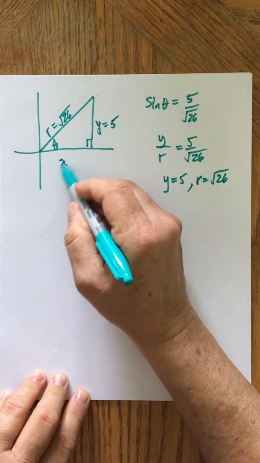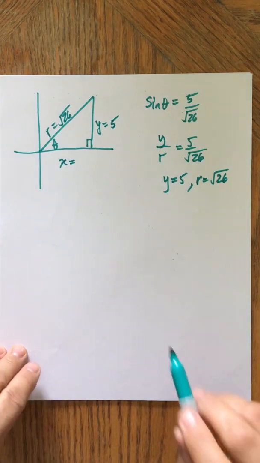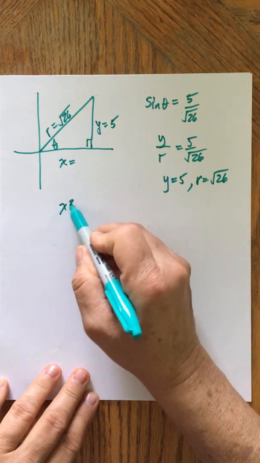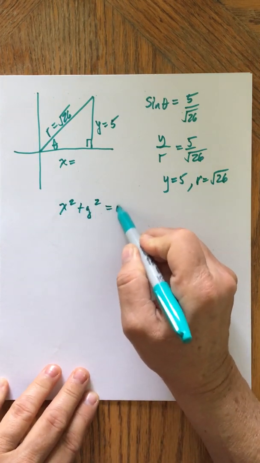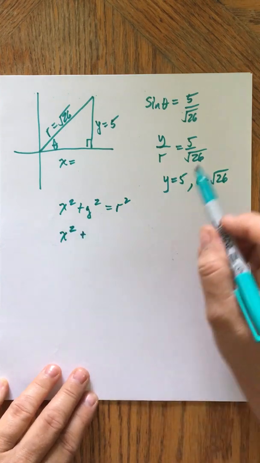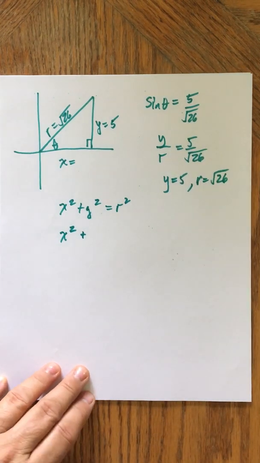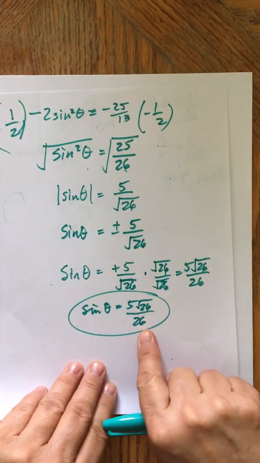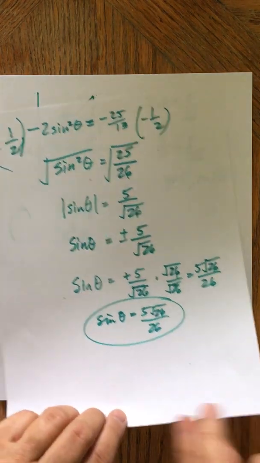So now I need to find x. I still don't know x, but I can use the Pythagorean Theorem, and I can say x squared plus y squared equals r squared, right? This is the reason I left the form as 5 over square root 26, as opposed to what the book wants, which is 5 square root 26 over 26, because I don't want to square that. It's just a pain.